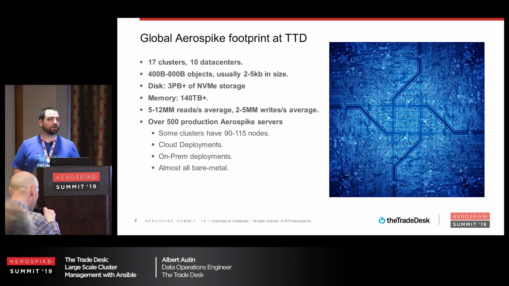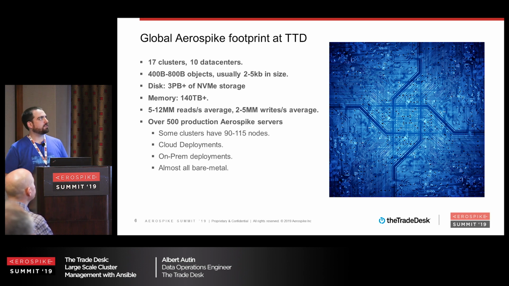This is the global Aerospike footprint at the Trade Desk. I think this is one of, if not the largest footprint in either number of servers or data footprint, one of those. So we have 17 clusters, and as of this week, more than 10 data centers. We have over 500 systems deployed, most of those bare metal, some of those cloud.